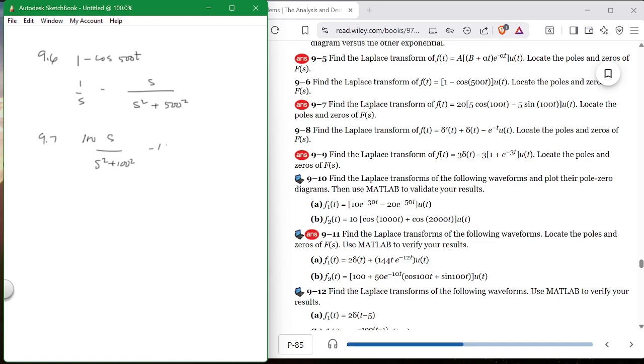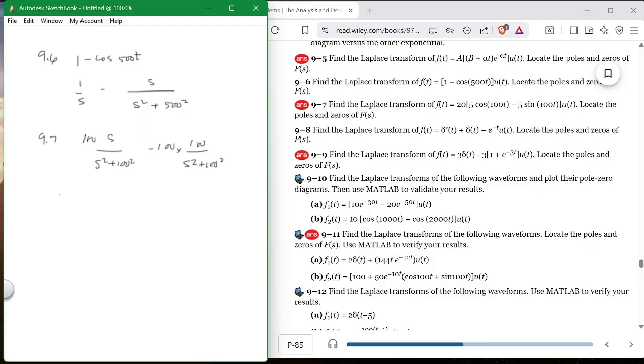Okay, minus 100 times what? Sine. What is sine? Any questions about that one?